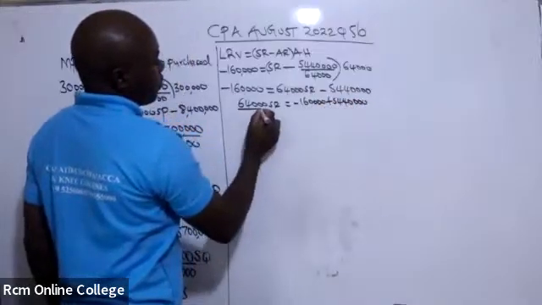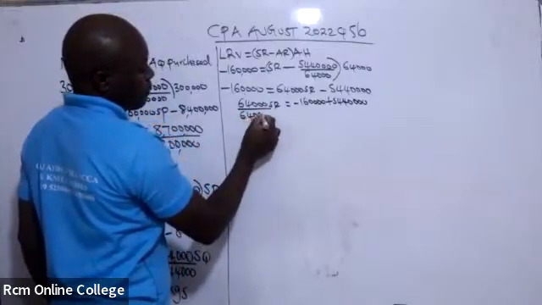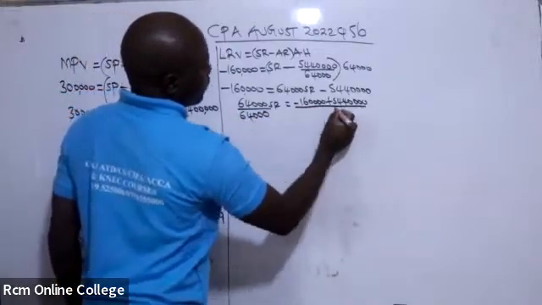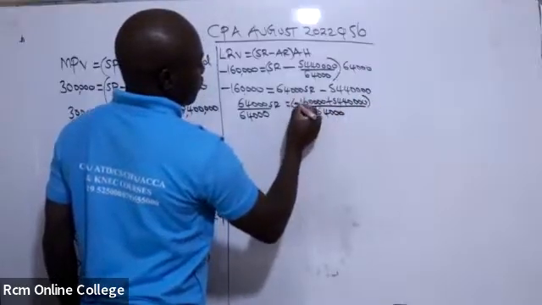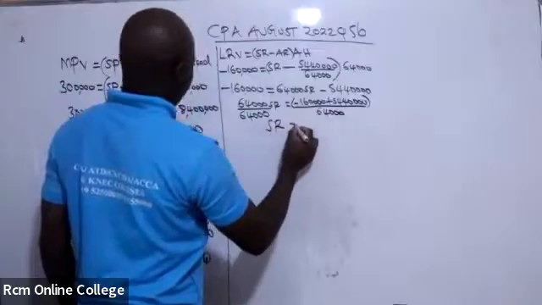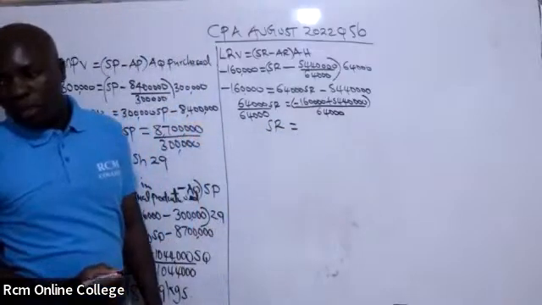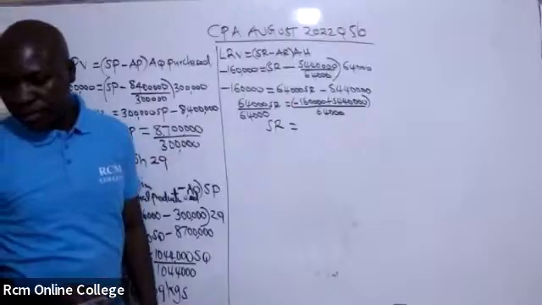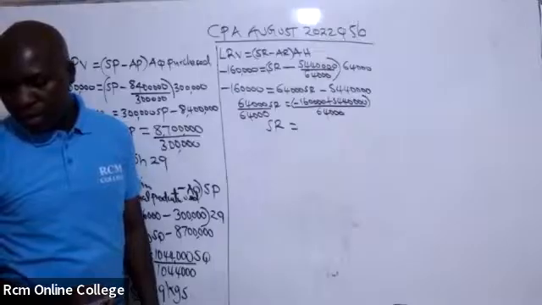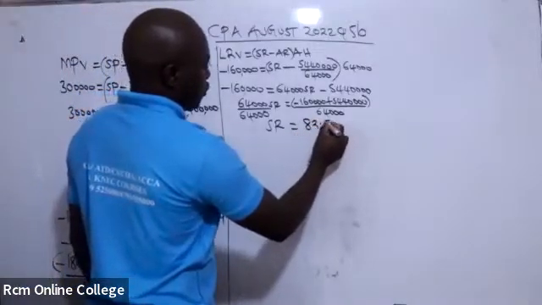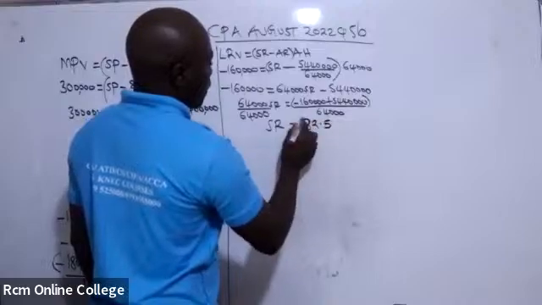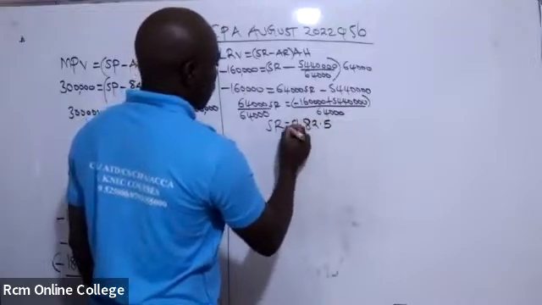So divide both sides by 64,000. Good. What is the standard labor rate per hour? 82.5 shillings. Everything is given in shillings.